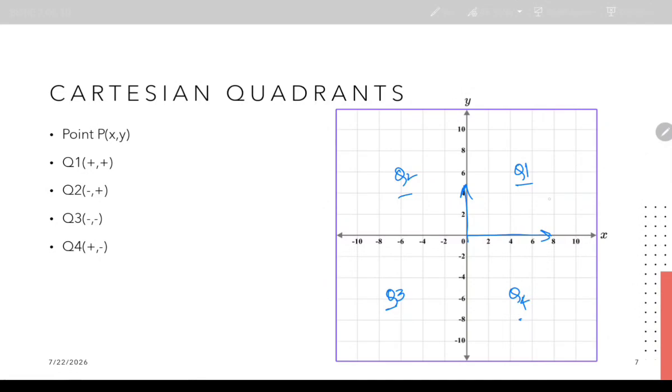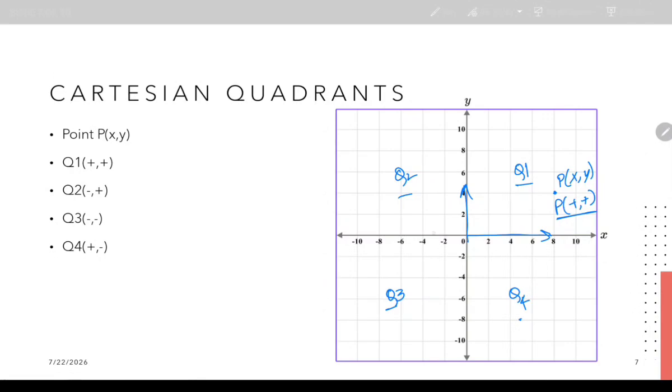And you need to know the properties of these 4 quadrants. Let us assume a point P of x comma y in quadrant 1. What can you say about it? You can see that the x value will always be positive in this quadrant and also the y value, which means the numbers are always positive in quadrant 1.